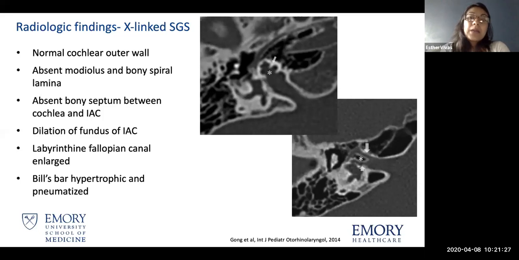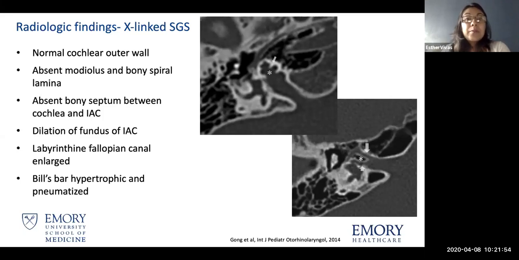In academic institutions, neuroradiologists typically pick up on these, or in your pediatric hospitals. But if you're in a smaller rural community, these findings can be subtle. And so it's always a good idea to know about them, and for the surgeons to be comfortable looking at these inner ear radiographic images and be alerted to any atypical findings.